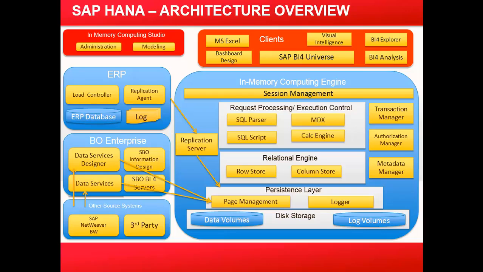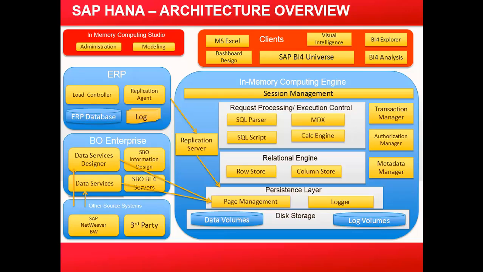Okay, let's get into the modeling aspect. In the modeling you can see we are connecting from SAP HANA Studio using that modeling interface into SAP HANA. Basically the tables are replicated using the replication server, which is SLT, or using Data Services. Once the tables are replicated, the modeling can be done based on the data that is coming into the SAP HANA system.